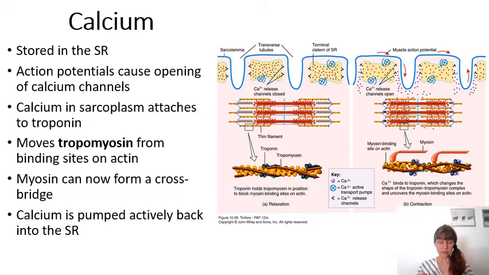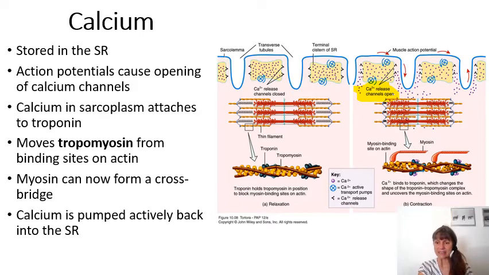Those proteins will mechanically change the shape of proteins embedded in the sarcoplasmic reticulum, allowing for calcium to be released into the sarcoplasm. In this picture on the right, you can see the release of calcium as those protein channels open up.